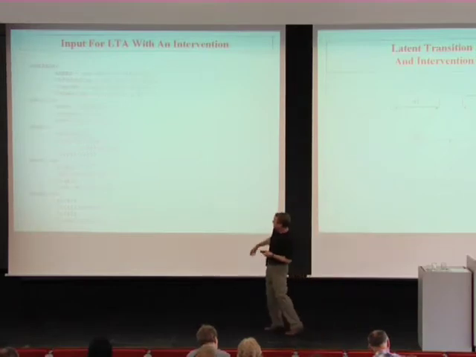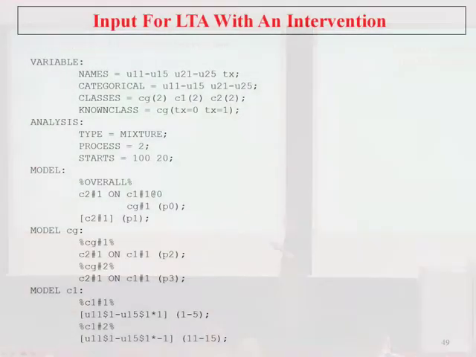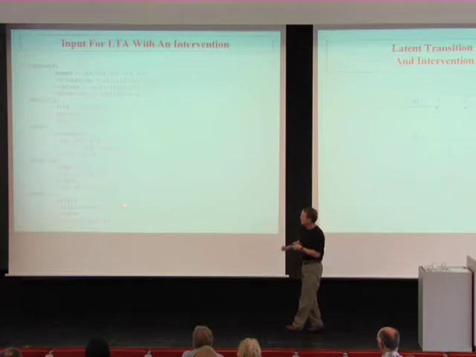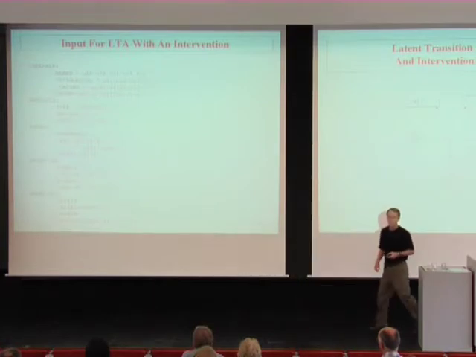And then you are allowed to have these latent variable specific models, MODEL Cg, MODEL C1, and then MODEL C2. So for instance, for MODEL Cg, you have 2 classes, 1 and 2, corresponding to control and treatment groups. And we say that the regression of C2 on C1 is different in those 2 classes.